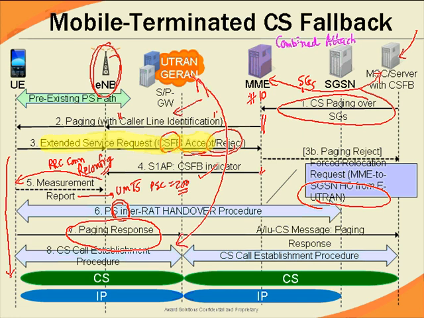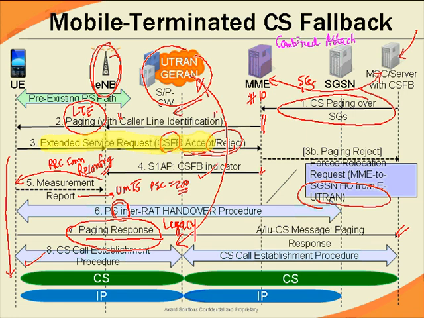The page message we got from LTE air interface, but the response to the page message is sent to the target technology itself, the legacy technology. And then we get that all the way to the MSC and do the normal call setup.